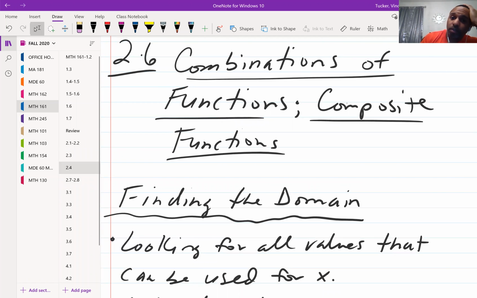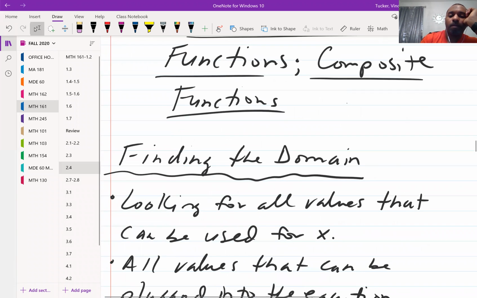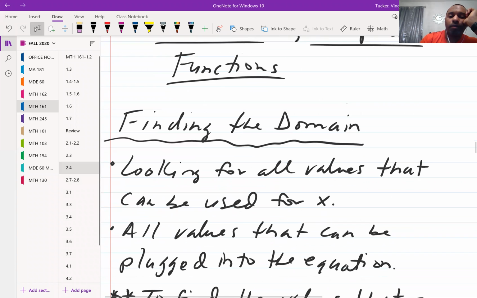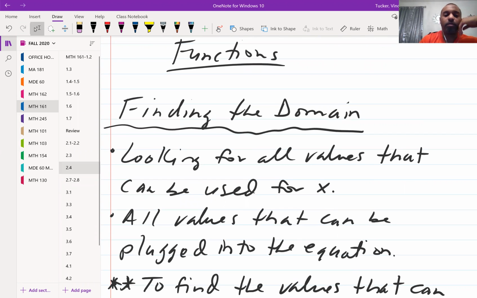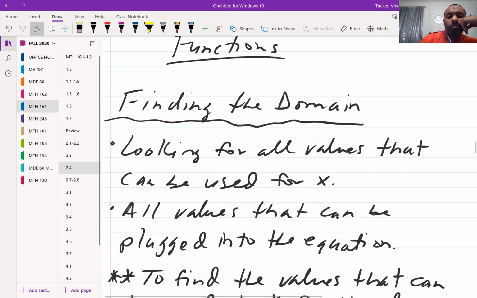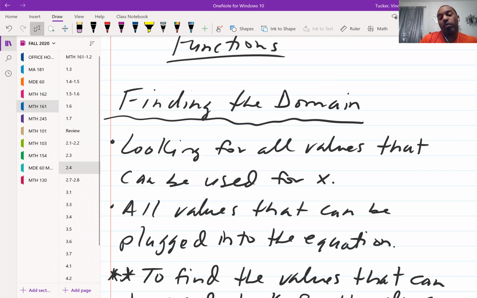So the combinations of functions and composite functions. Find the domain. So we're looking for all the values that can be used for x, or in other words, all values that can be plugged into the equation for x.